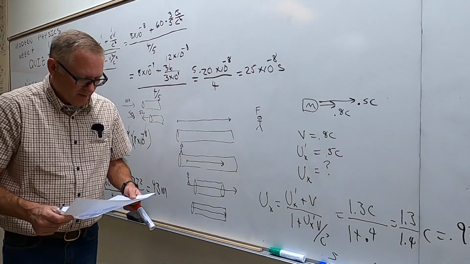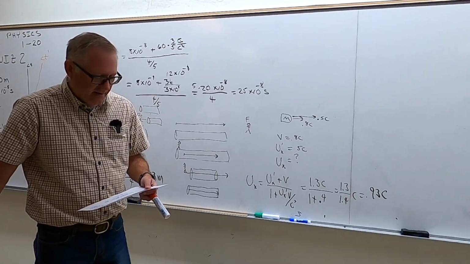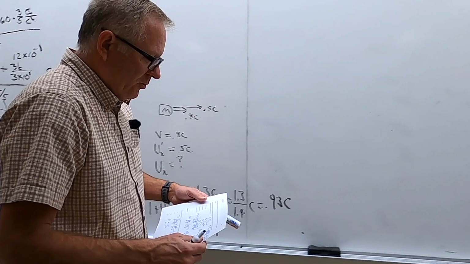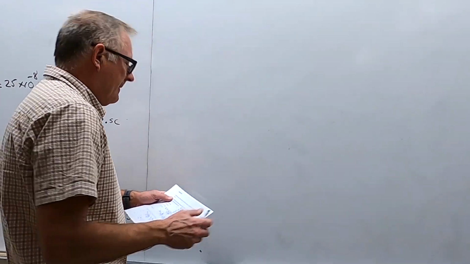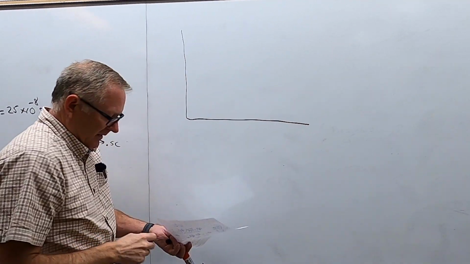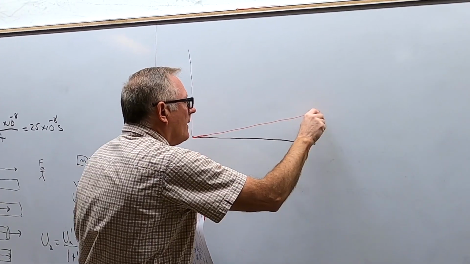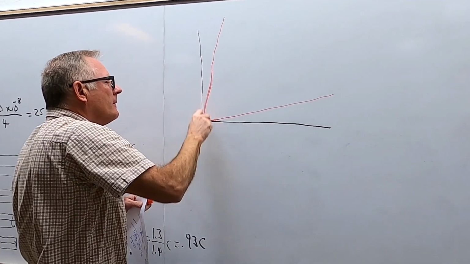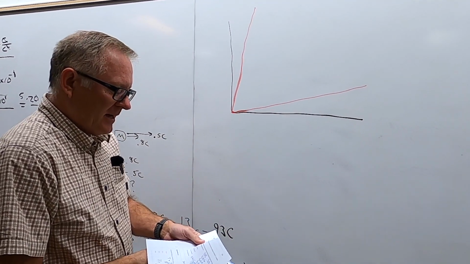Okay. And then question 5. Two events occur at the same time in Mary's frame. So again, if we were to draw our picture, the Minkowski diagram, there it is, and two events occur at the same time in Mary's frame.